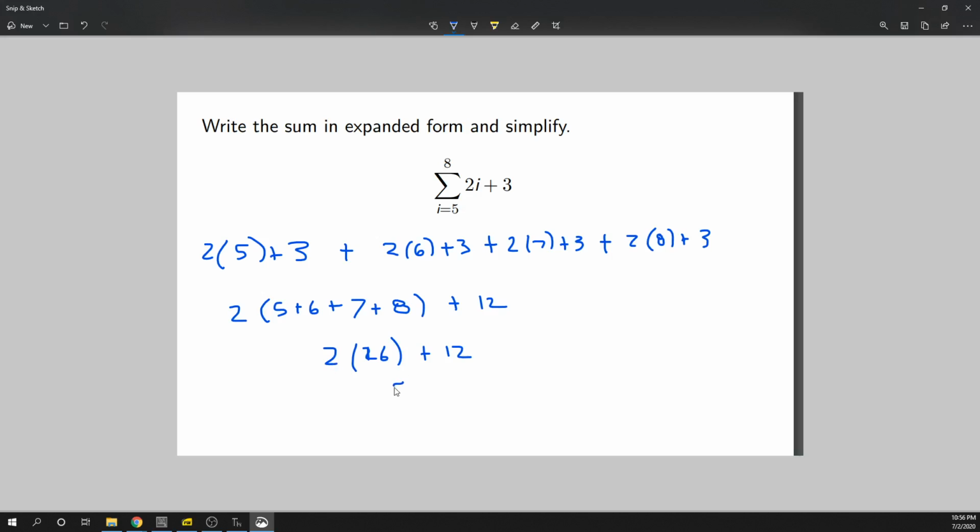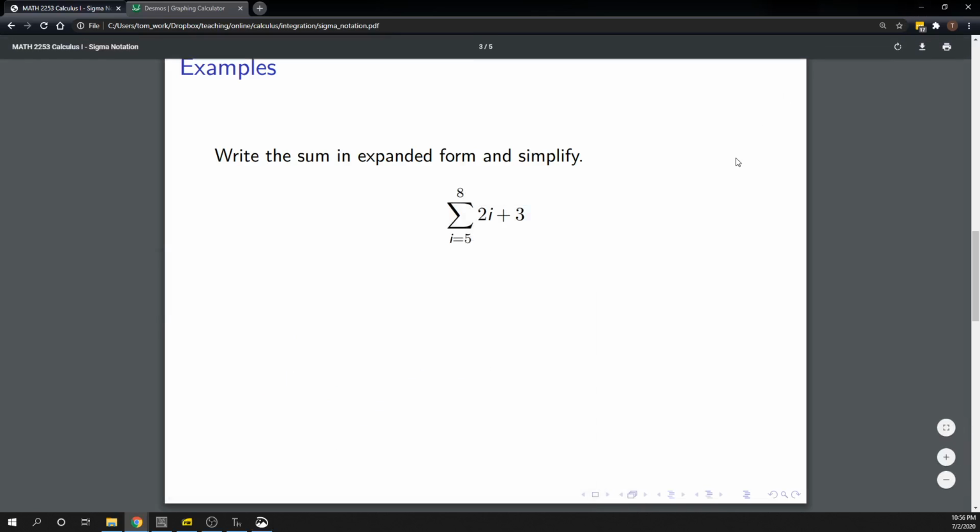And that is 52 plus 12, which is, oops, that's 52. Which comes out to be 64. All right, so you can see that this sigma notation is just a compact way of writing this sum right here. All right, let's take a look at the next one.